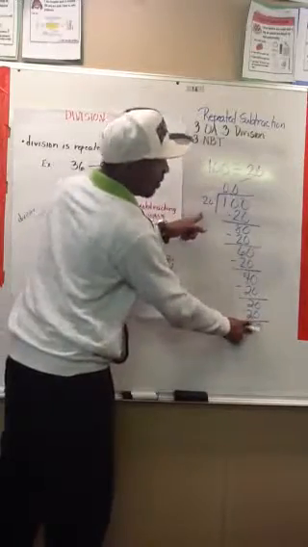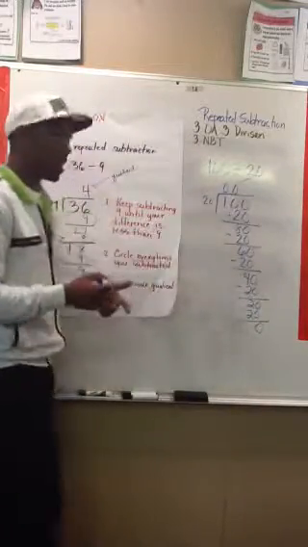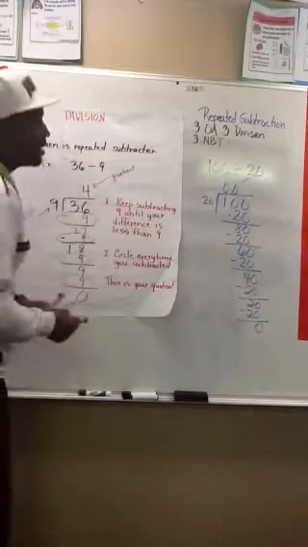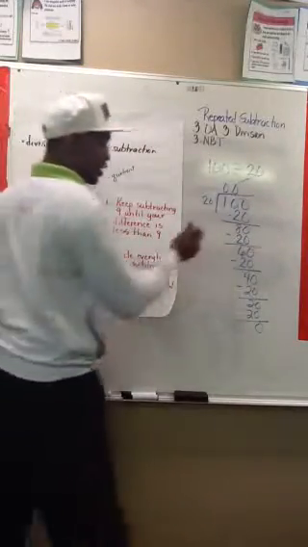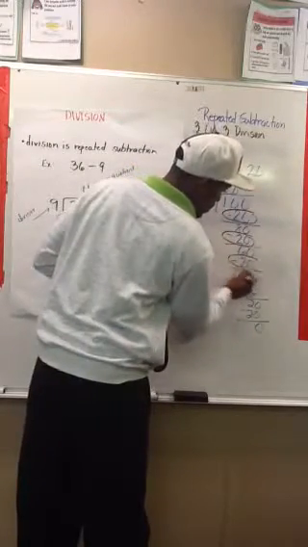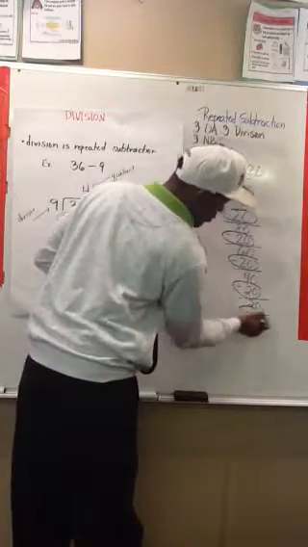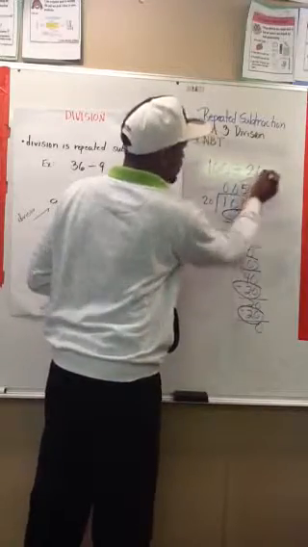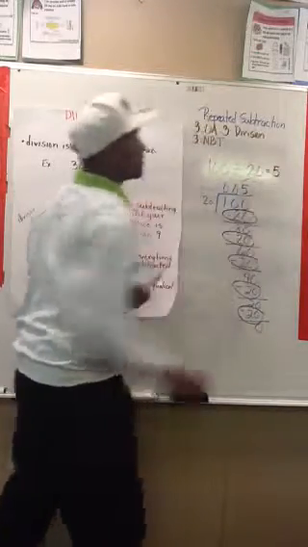And I'm done. I found a difference that was smaller than my divisor. Now, I look and circle everywhere that I subtracted 20. 1, 2, 3, 4, 5. So my answer is 5. So 100 divided by 20 is 5.